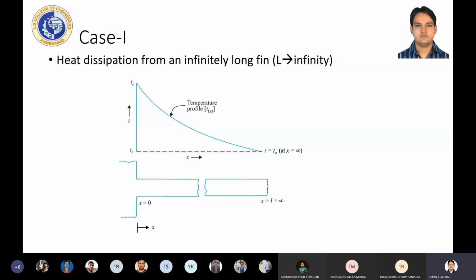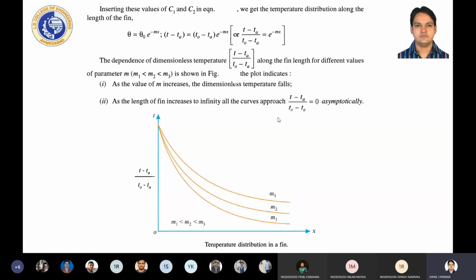Already case 1 we have discussed in the last lecture, that is heat dissipation from an infinitely long fin where L is infinite as mentioned, and we have gone through a derivation for that. We derived the equation for temperature difference, that is (T minus T_A) divided by (T_O minus T_A), where T is the temperature at a particular length, and T_A is the ambient air temperature.